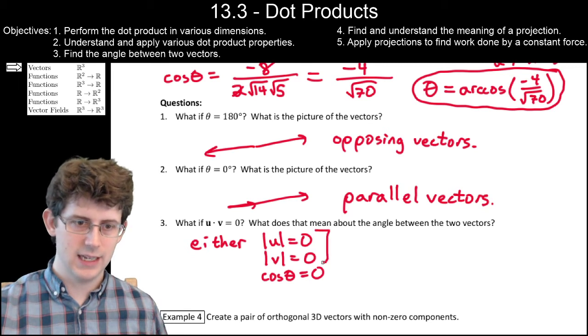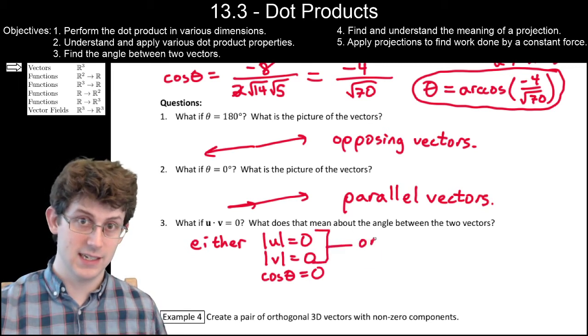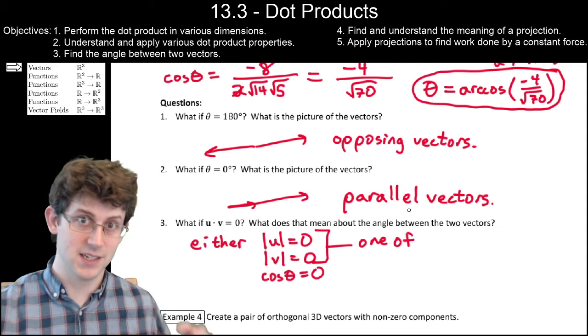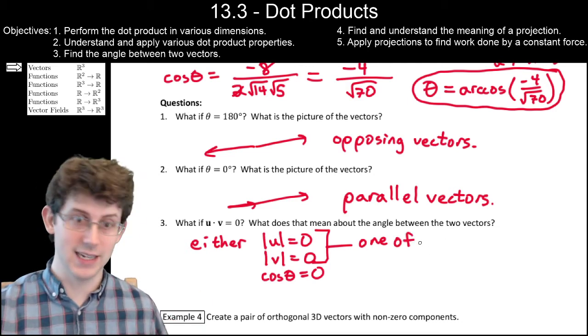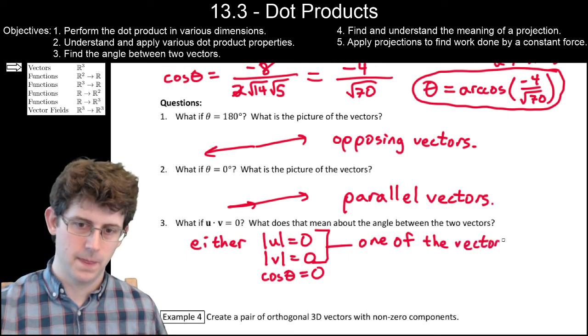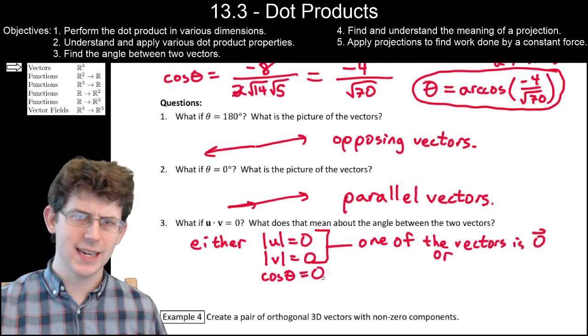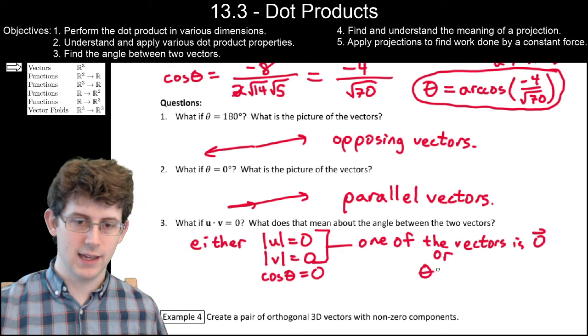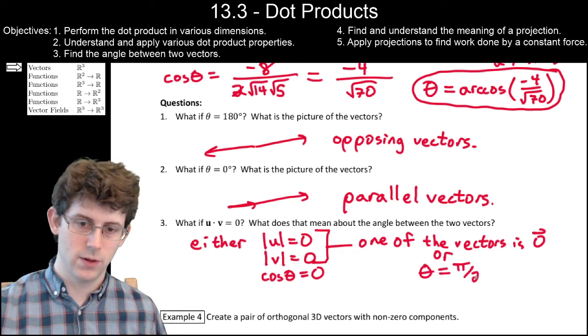So basically either one of the vectors is the 0 vector that's not pointing in any direction, or the cosine of the angle is 0. That means that the angle is pi over 2.